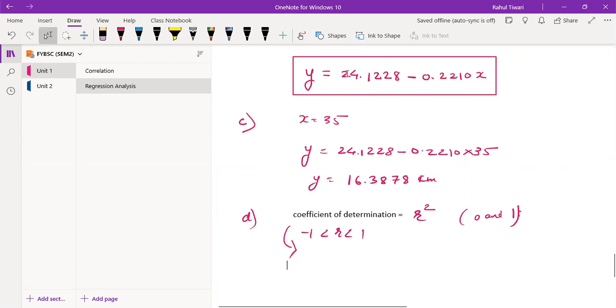Whether this model is a good fit or not. We created a model by assuming some values of x and y, but is that model sufficient for that data or not?